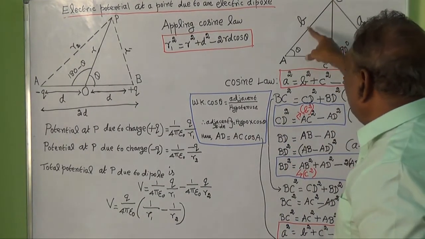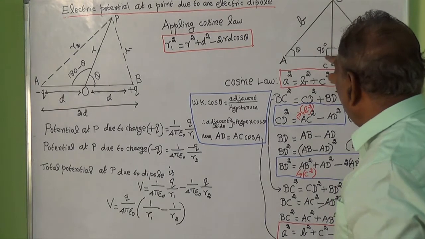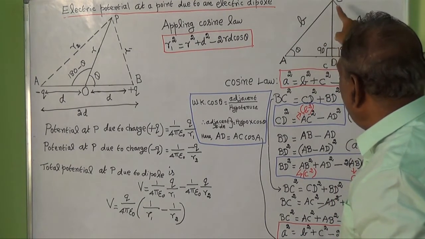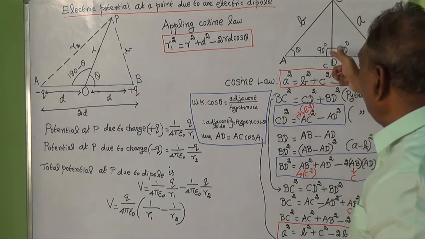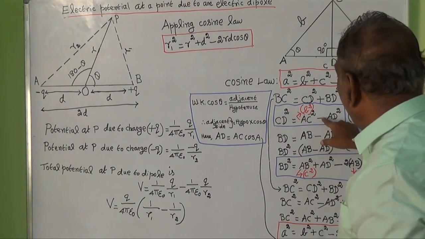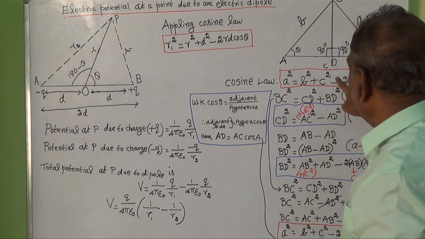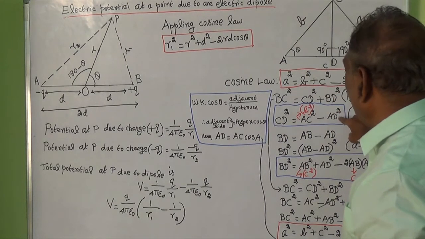Here in the case of the left side right angle triangle, what is the hypotenuse? The hypotenuse is AC. So the opposite side square is AC square minus adjacent side square, that is AD square.